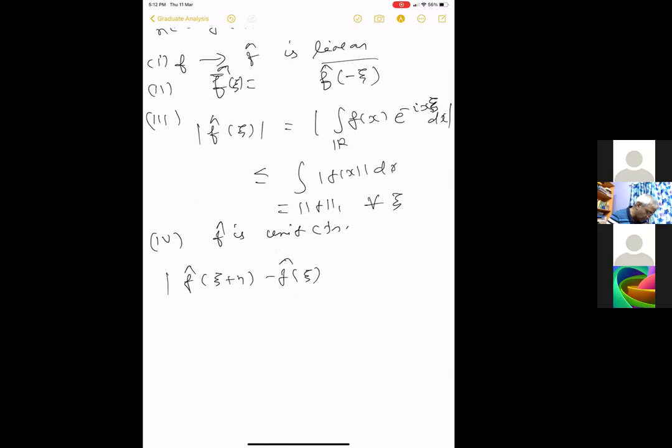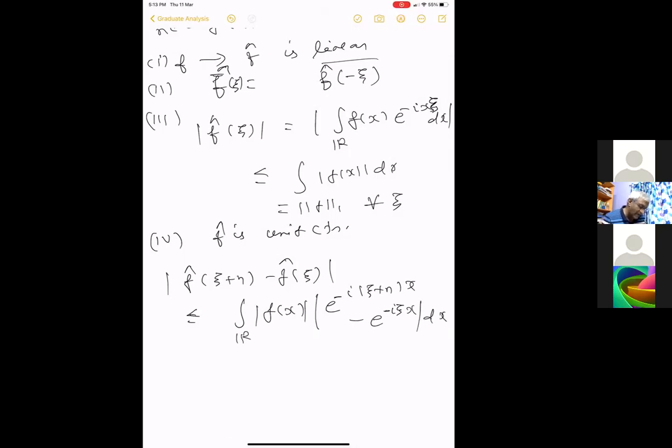That is, maybe I will take the modulus also inside with the smaller than or equal sign, less than or equal to the integral over R. So here we will have f of x, and here we will have e to the power of minus i times xi plus eta times x, and we will have the modulus here, minus e to the power of minus i xi x, right? This is what we have.